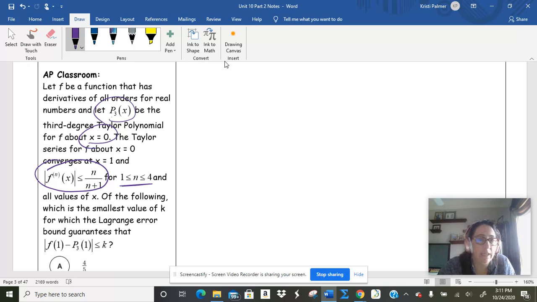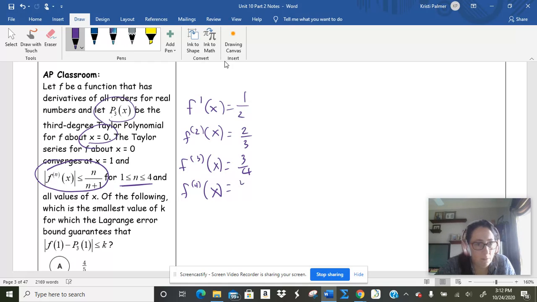So if I'm looking at it, the first derivative would be 1 over 2, because I'm just plugging in 1 and 1. The second derivative would be 2 over 3. The third derivative would be 3 over 4. And the fourth derivative would be 4 over 5. Okay, so I see that.